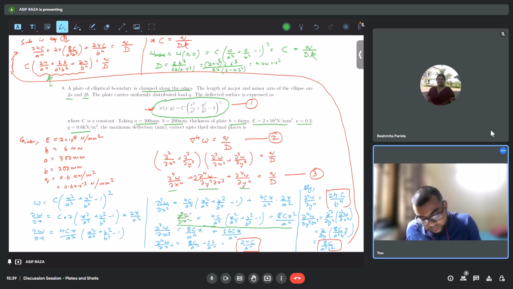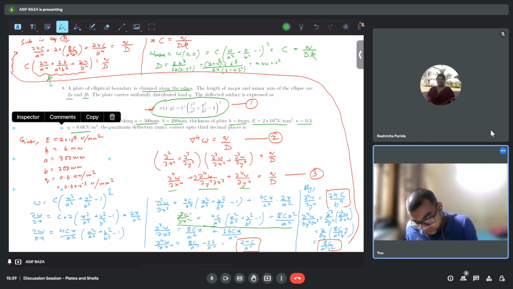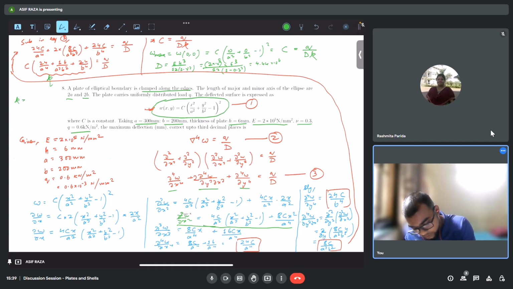And the value of k is 24 upon a to the power 4 plus 16 upon a square b square plus 24 upon b to the power 4.